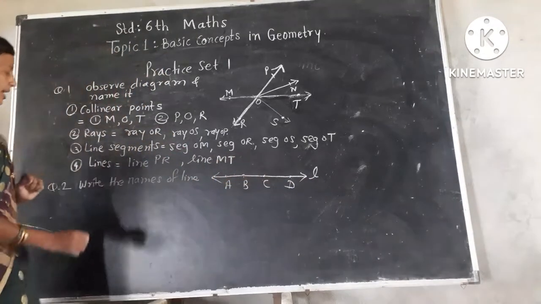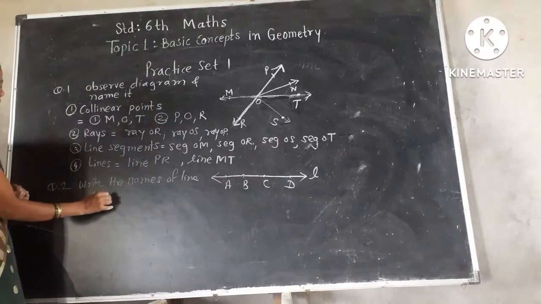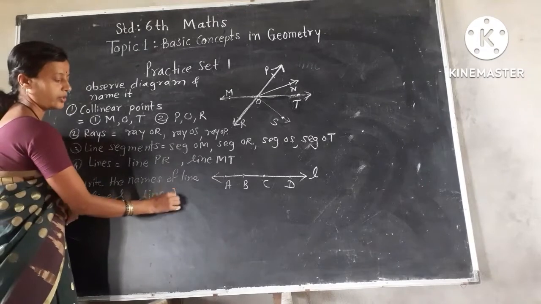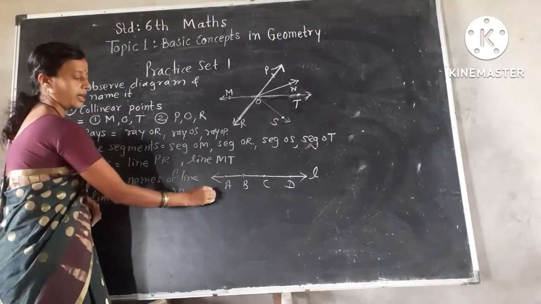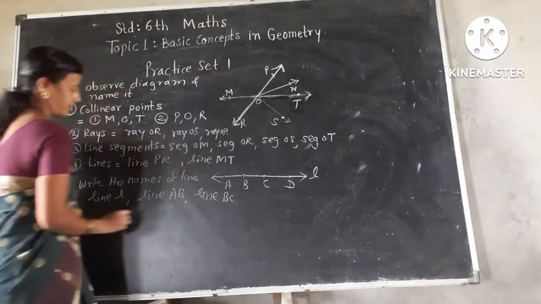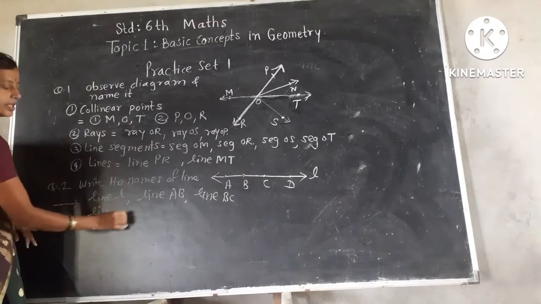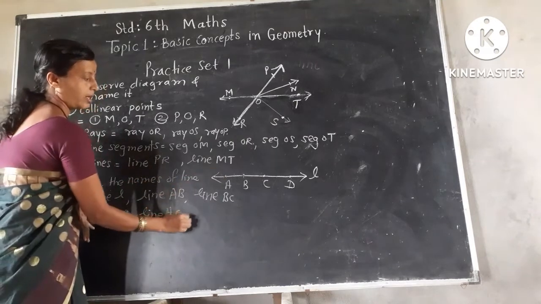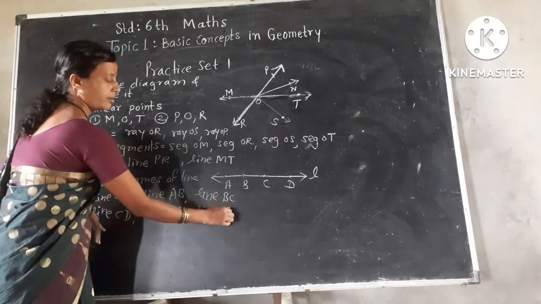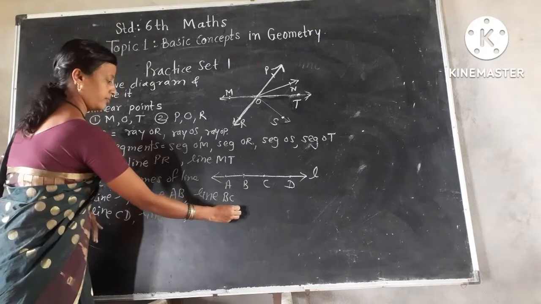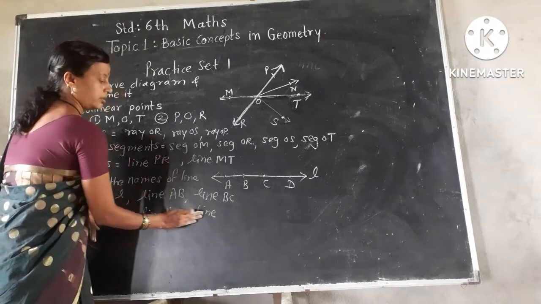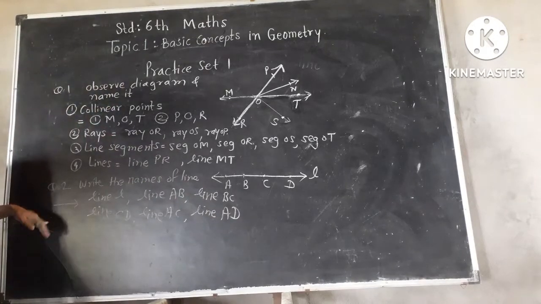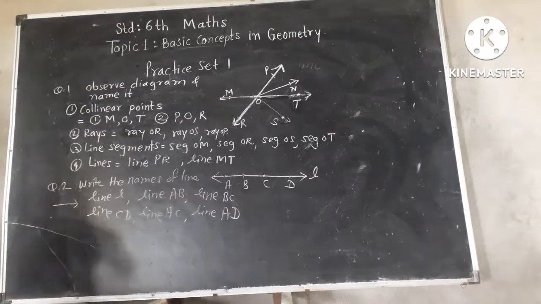First we write line L. Then we write line AB. Any 2 points we can use and take a name. Line BC, line CD, line AC, line AD. In this way, you can also write names of lines.